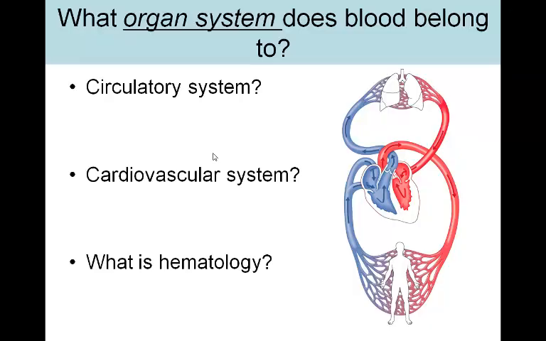The circulatory system is considered to be composed of your heart, your blood vessels, and the blood within your heart and blood vessels. The cardiovascular system, cardio means heart and vascular means vessels. So the cardiovascular system is just your heart and blood vessels, and it does not include the blood within it. So what organ system does blood belong to? Technically, it would be the circulatory system. Hematology is the study of blood.